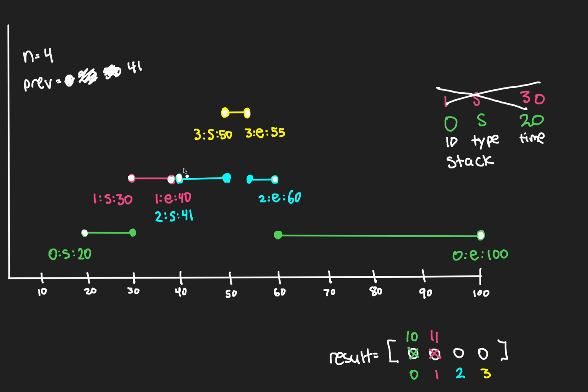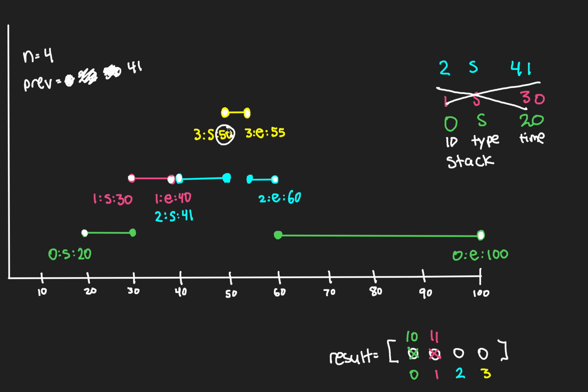But anyway, some house cleaning. We have a new function that started, so let's append all that metadata onto our stack, as well as update our previous variable from 41 to 41. It remains unchanged. Okay, let's zoom through the rest of this example. We have function 3 that started at a timestamp of 50.